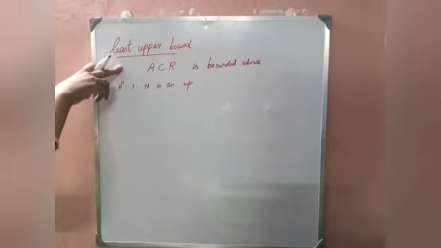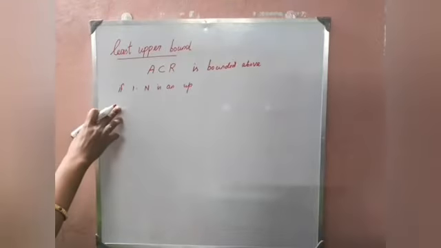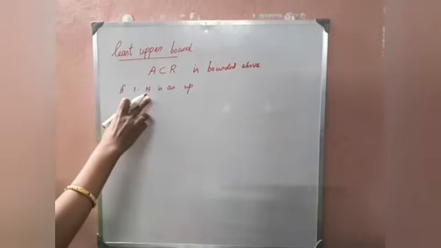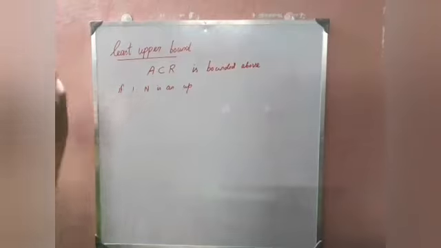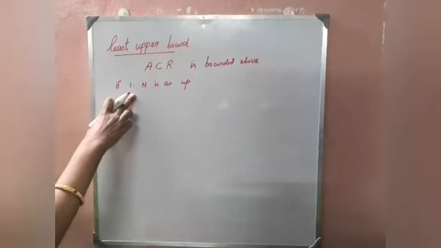See the definition of least upper bound. Consider a subset A of R that is bounded above. If we say a number n is a least upper bound for the set A, it should satisfy two conditions.